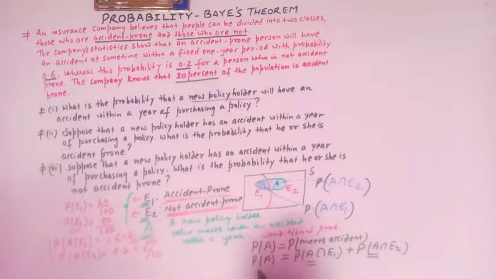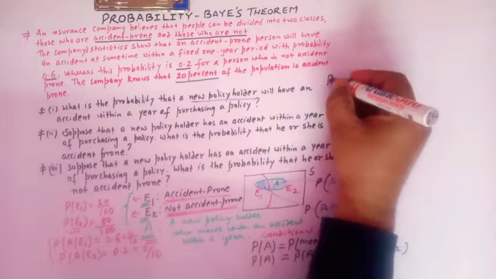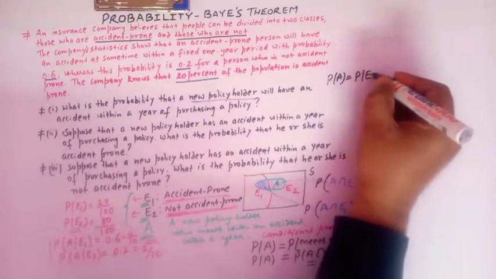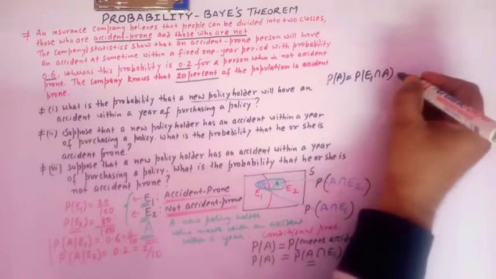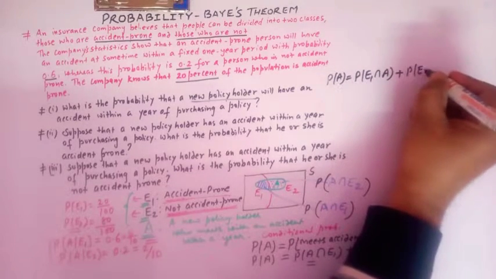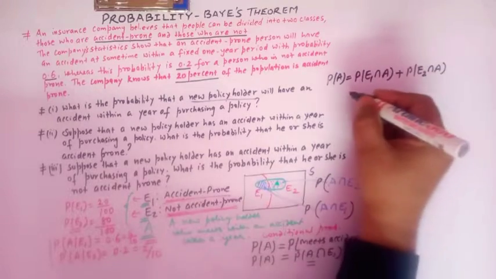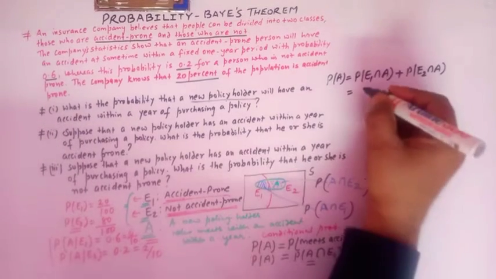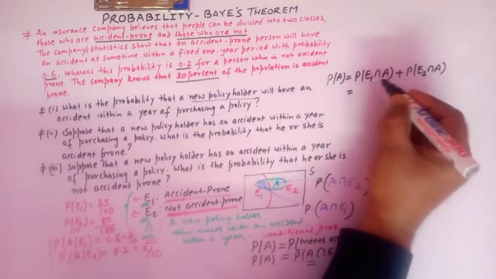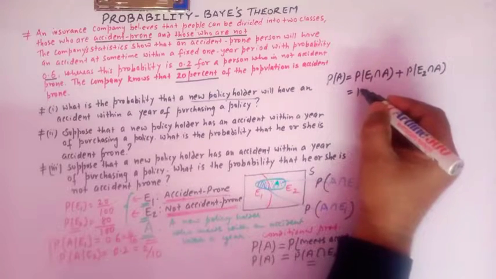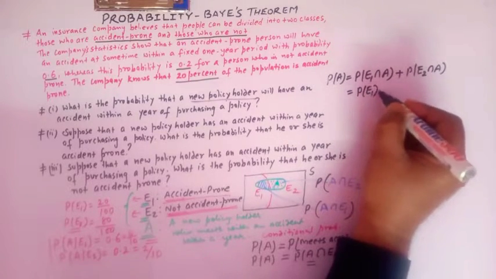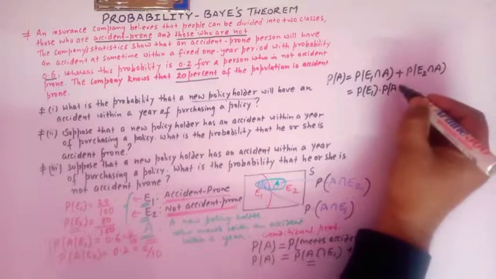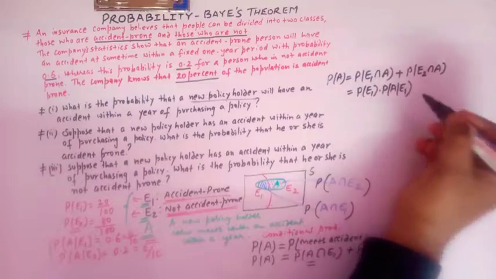Now this expression, P(A), can be written as P(E1 intersection A) plus P(E2 intersection A). From the definition of conditional probability, we know that P(E1 intersection A) can be written as P(E1) multiplied by the conditional probability of A when E1 has happened.